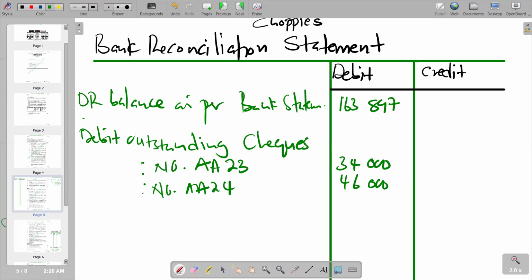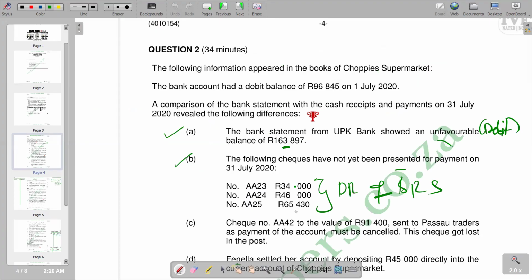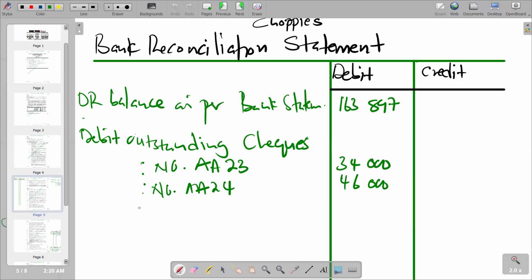Check the next one. The next one is A825, 65,430. Then this is basically what we have.